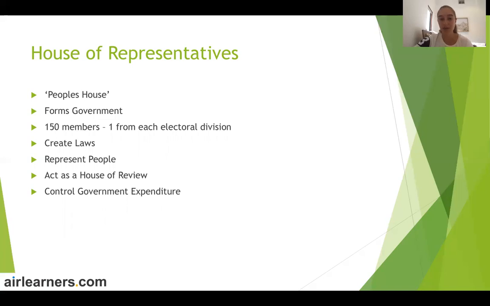The main role of the House of Reps is to create laws which represent the views of the people because they are representative of the electorates and the people within those electorates. If legislation is introduced by the upper house, then they can also act as a house of review. But because the House of Reps comprises government, a lot of the bills are introduced by the lower house.